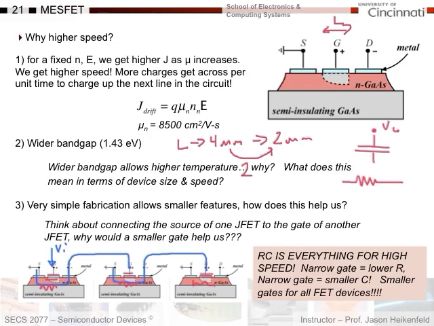Therefore, if both R and C go down by a factor of 2, RC goes down by a factor of 4. So you can see every time you decrease gate width for a transistor, MOSFET, MESFET, whatever type of transistor it is, you get a big bang for your buck in terms of reducing the RC time constant and how fast you can then switch these devices in some kind of circuit.